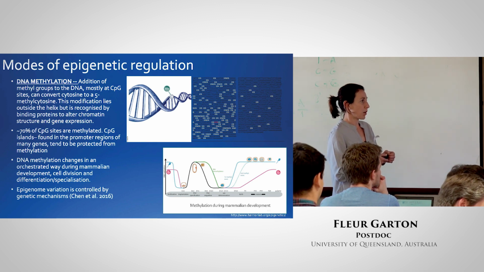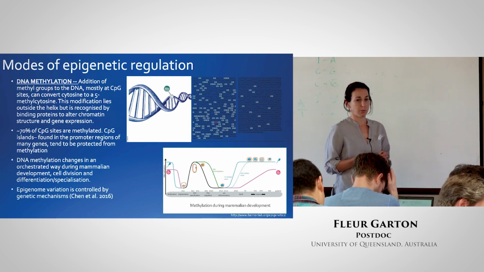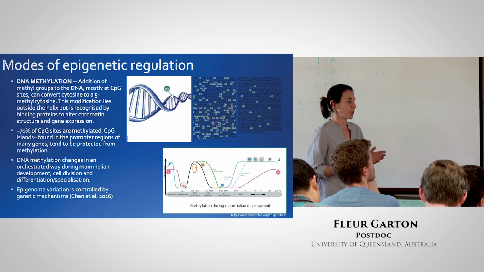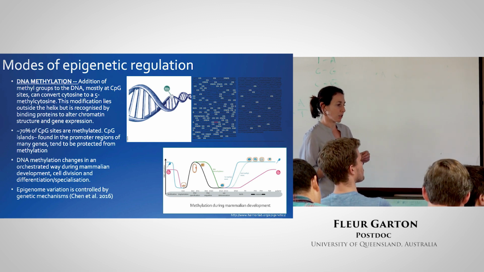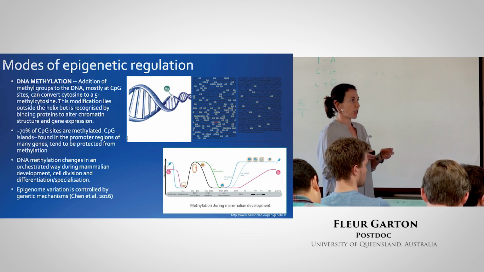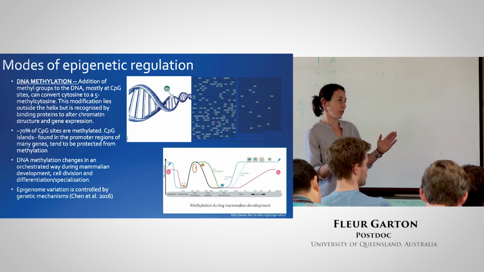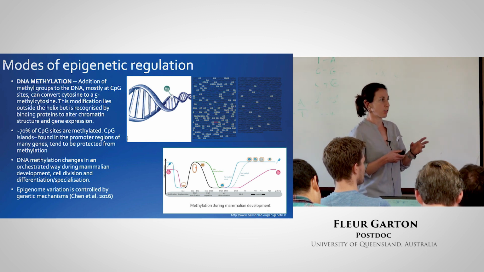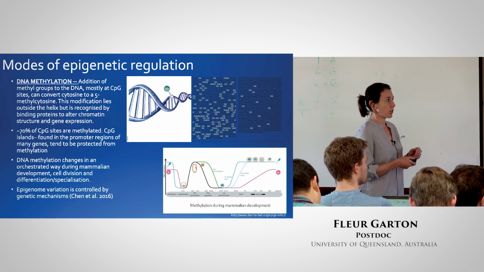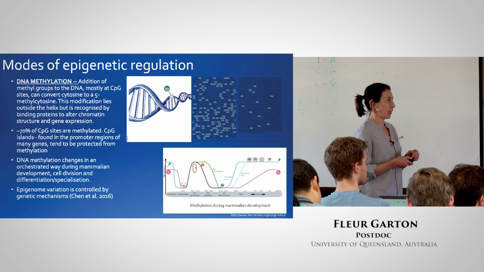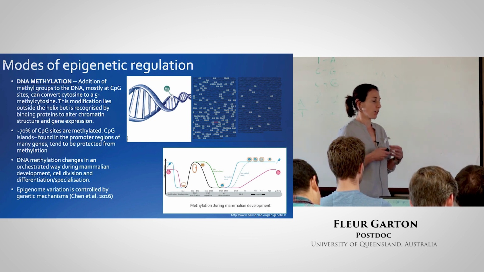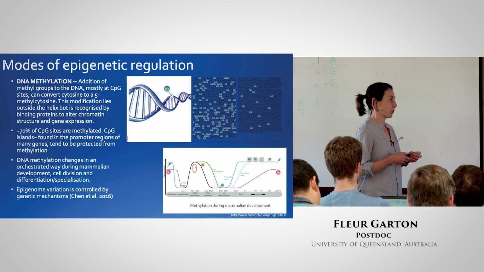This is a picture of what we would refer to as a CpG island. There are different definitions, but basically there's a high proportion of CpG sites within a certain length of the DNA. So this might be about 200 base pairs, and maybe 50% of those consist of CpG sites. These CpG islands are found in the promoter regions of many genes, and they're protected from methylation because obviously they're regions that need to be active for transcription.